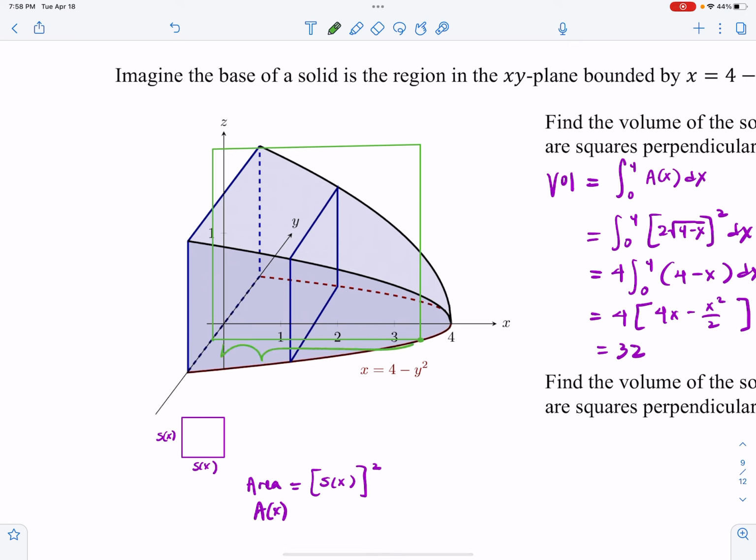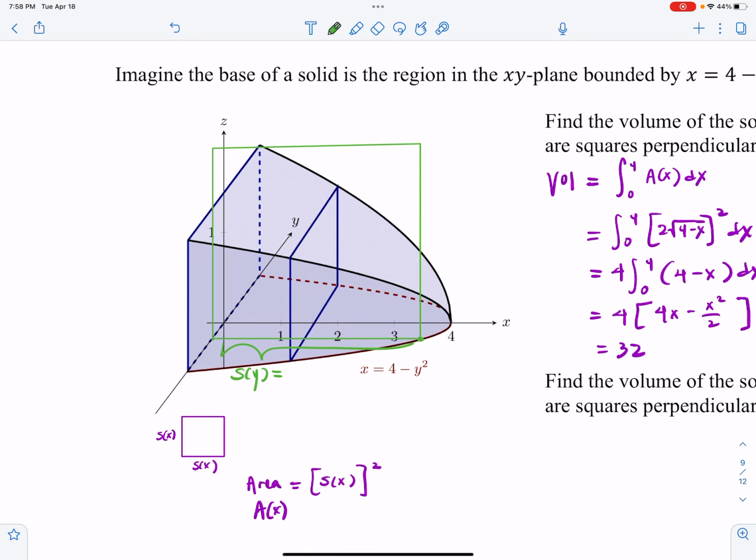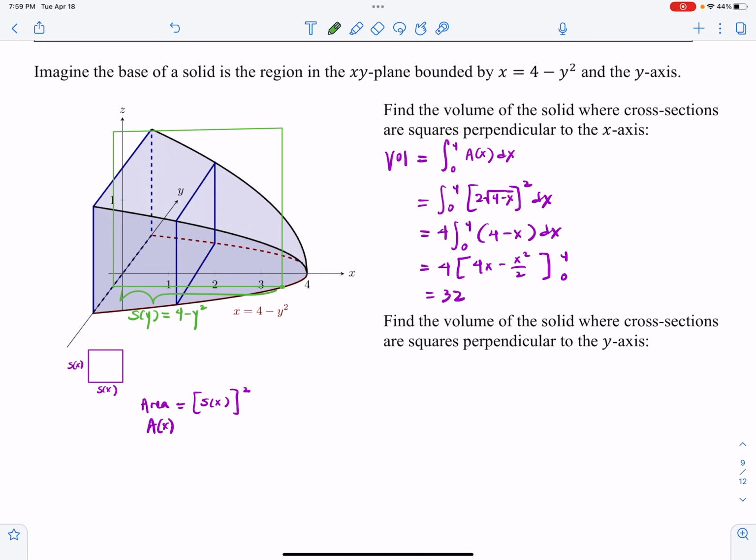Now the width of that cross section using the base, so s of y in this case, if we think about right minus left, that would just be 4 minus y squared minus 0. It's up to you if you want to put the minus 0. And then again, a of y in this case would be s of y squared, right? The area of a square.